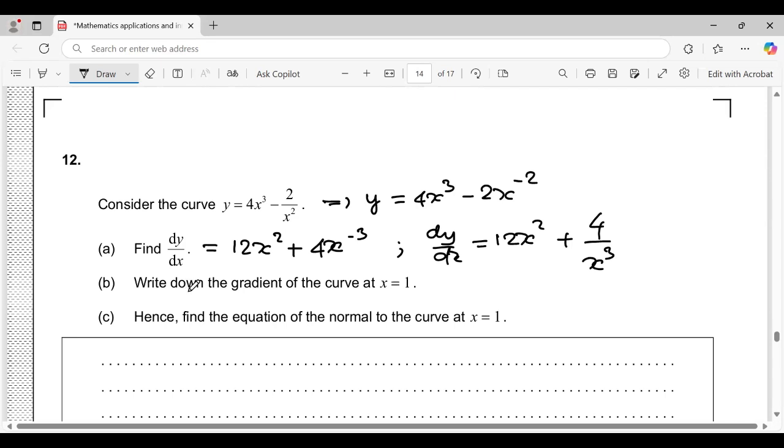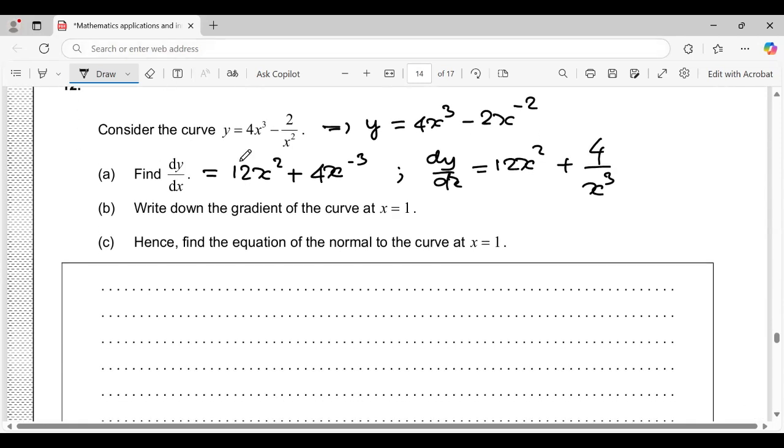Write down the gradient of the curve at x equals 1. The gradient we can get through the first derivative of this function. So the derivative of this function is this one.